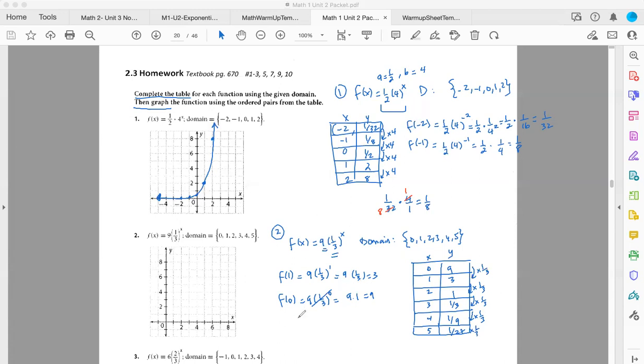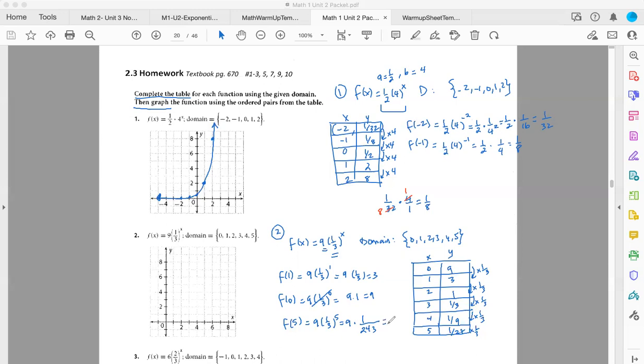Now, if you want to try it, you can feel free to try it here. You can say f of 5, let's say, just to confirm. It's 9 multiplied by 1/3 to the 5th power. 1/3 to the 5th power is 1/3 times 1/3 times 1/3 times 1/3 times 1/3, 5 times, which is 1/243, I believe.